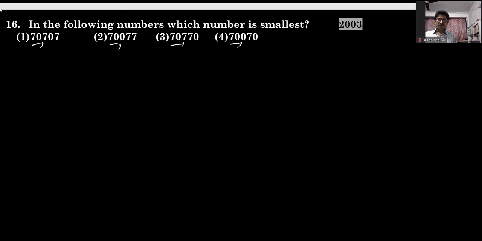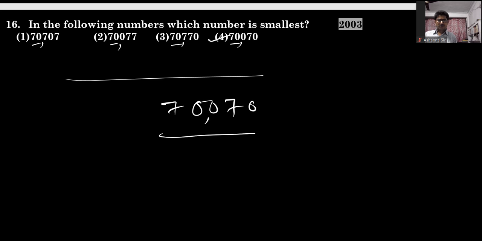Next to 7, 0. So option 4, by observing we can identify the answer. So this is the smallest one. 70070 is the smallest number.